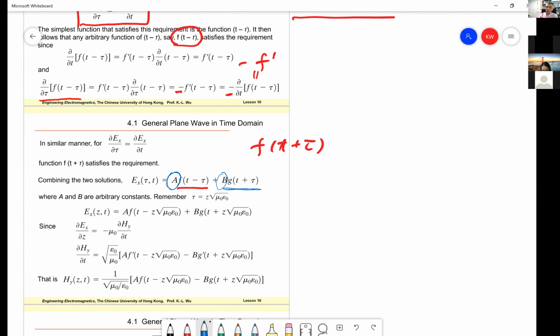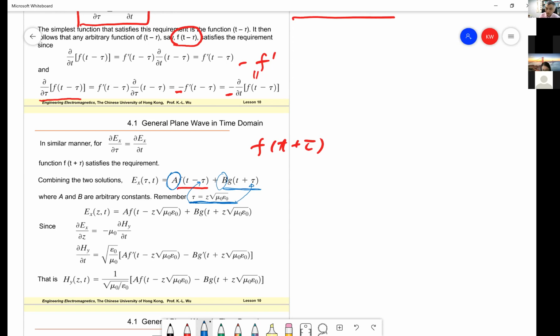Now let's restore what the original tau is. Tau is a constant, square root of mu0 times epsilon 0 times z, right? So we replace the variable back into our equation, replacing tau by our original variable z and the parameters.